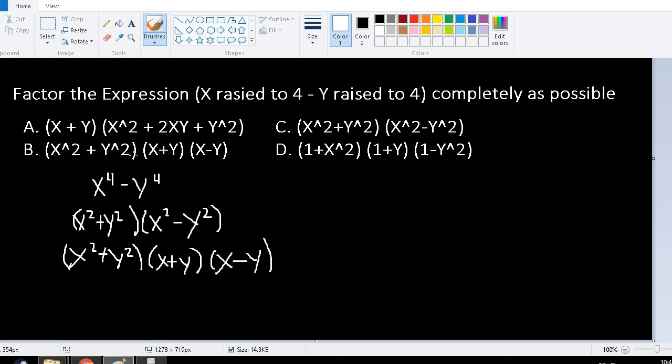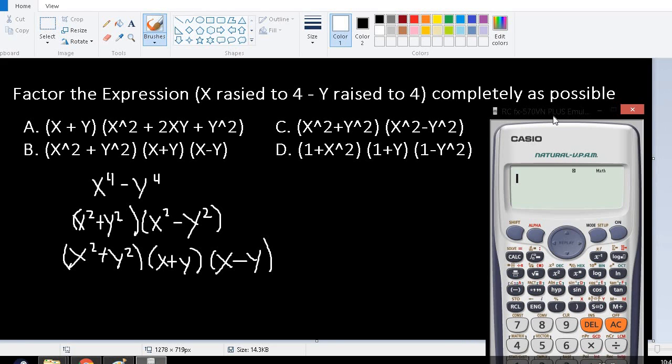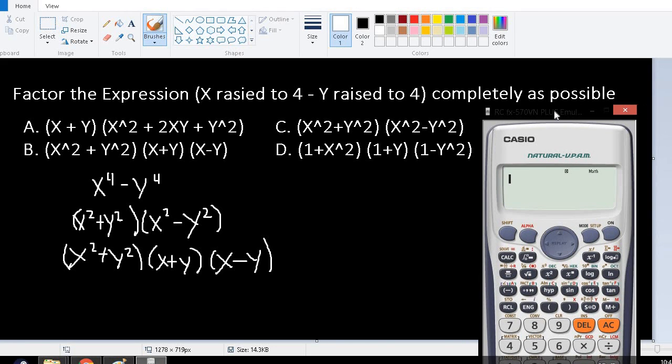Now, what if you forgot how to factor, or you don't know how to use difference of two squares? Well, in this problem, it has choices. You can use a calculator and it will teach it to you.